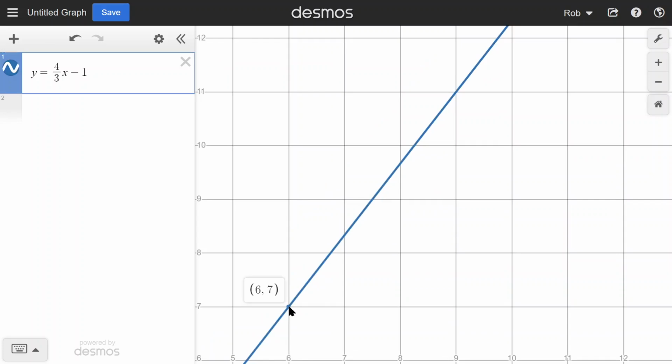I'm going to go across 3 from there, 1, 2, 3 corners, and go up 4, 1, 2, 3, 4. So there's my 4/3 over here. I just highlight the 4/3. 4/3 is called the gradient, and minus 1 is called the y-intercept.